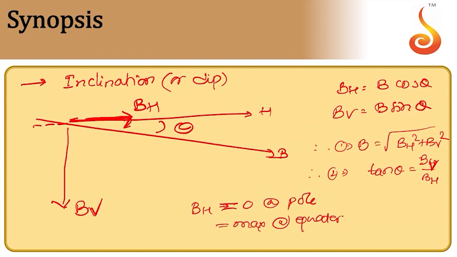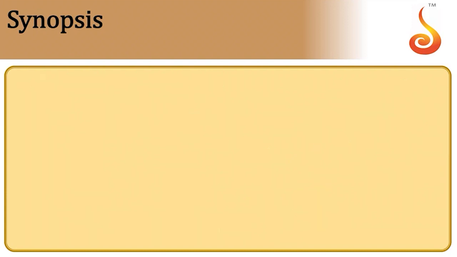So, these ideas are to be kept in mind clearly as far as terrestrial magnetism is concerned. These are some basic ideas regarding magnetism and matter. Familiarize yourselves with these equations and these concepts. Let us take up some problems based on these concepts in our next session.